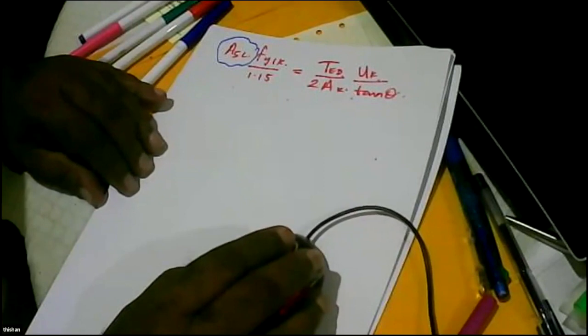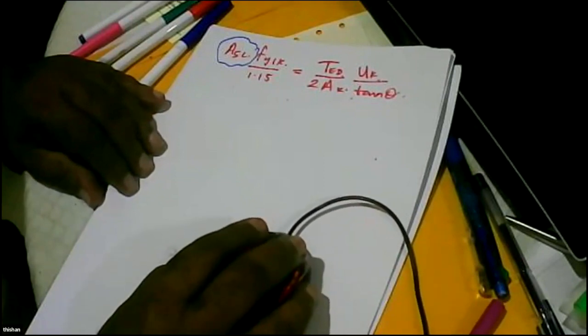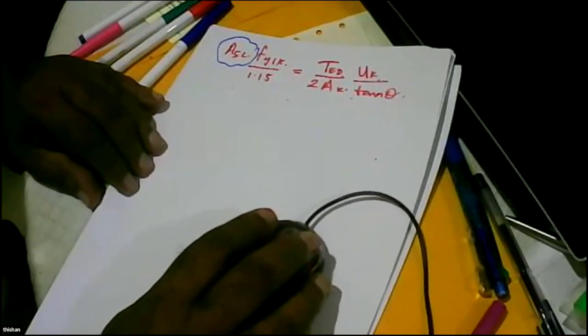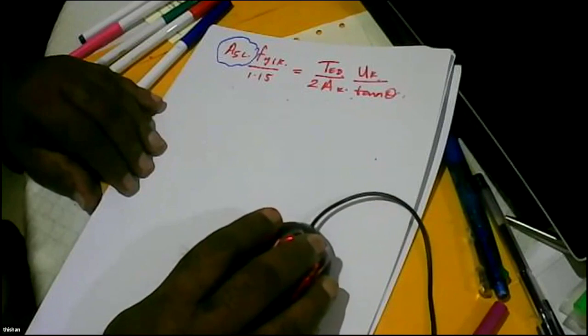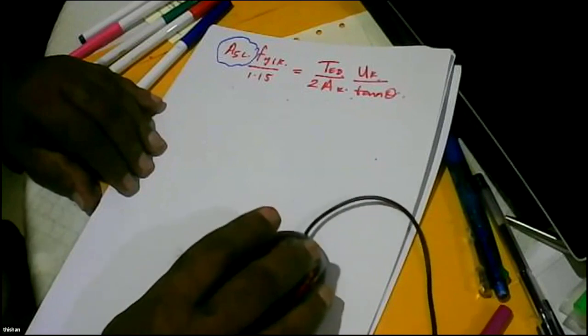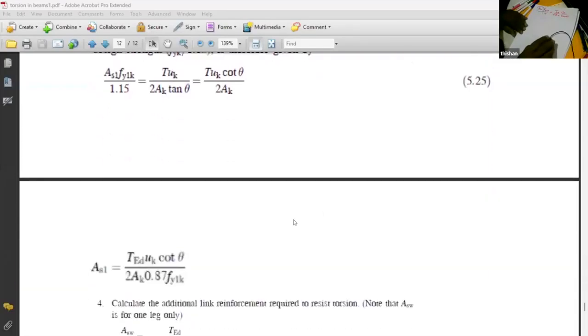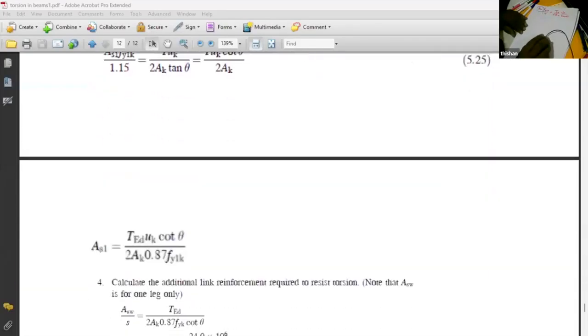Okay, so what you get is, if I start sharing the note, and if I look at this, Asl is equal to T Ed Uk cot theta divided by 2Ak times 0.87 fyl k.